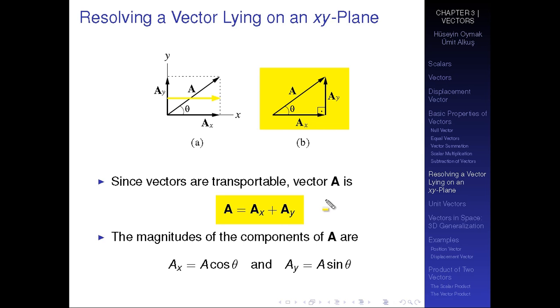If this vector A makes angle theta from the positive x-axis, then the magnitudes of the components of A are calculated to be AX equals A times cosine theta and AY equals A times sine theta.